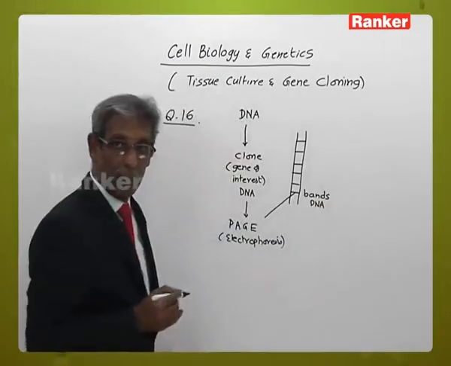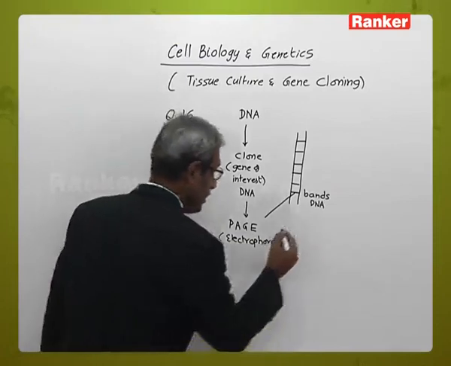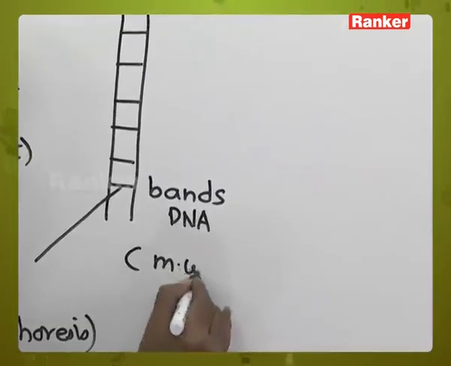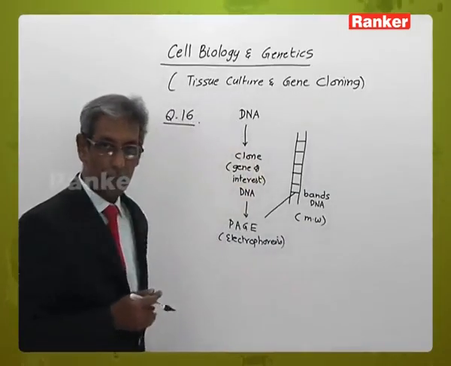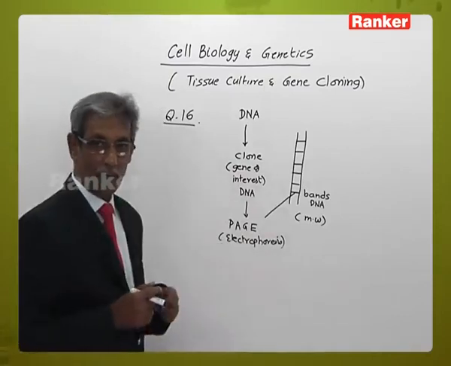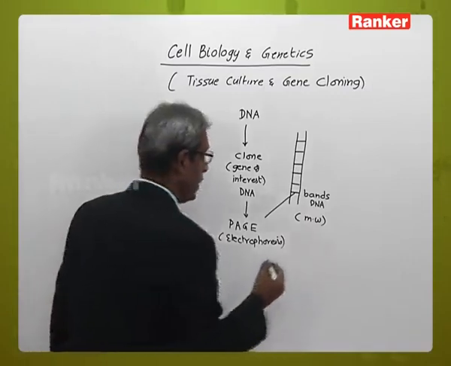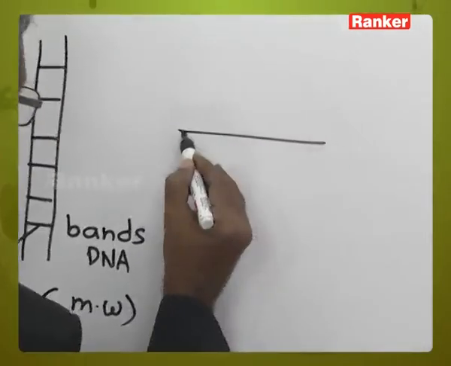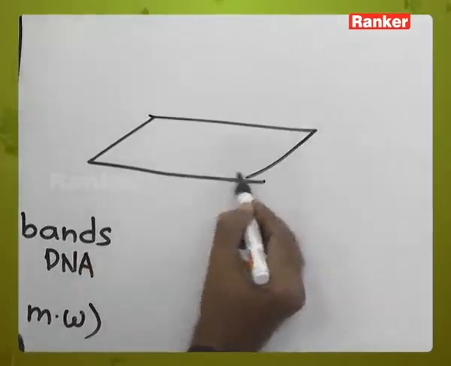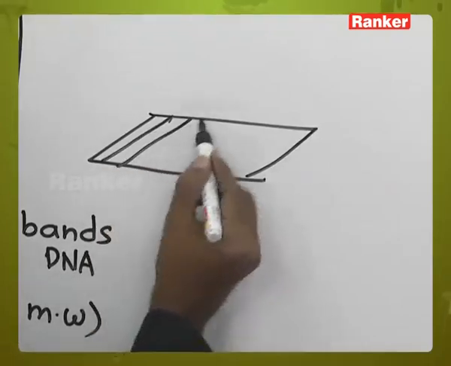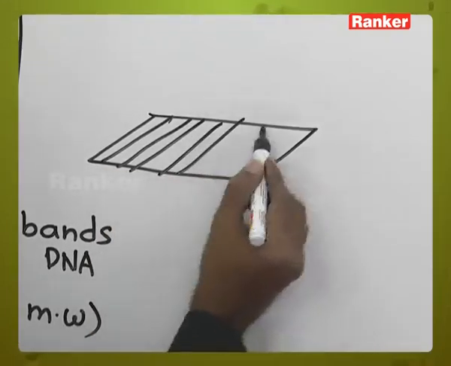The separation of the DNA bands occurs on the basis of its molecular weight. After we separate the DNA, the DNA bands are loaded onto a membrane. This is a nitrocellulose membrane, just like a nylon mesh.